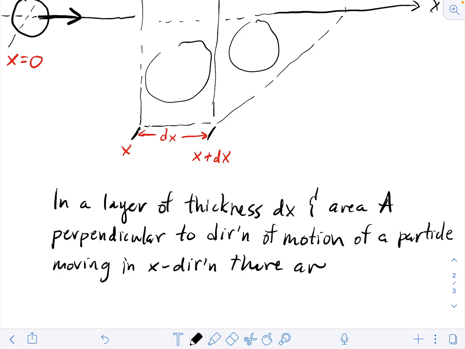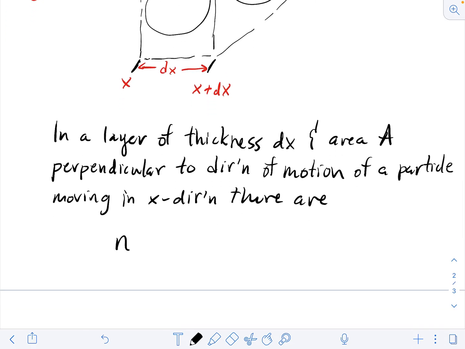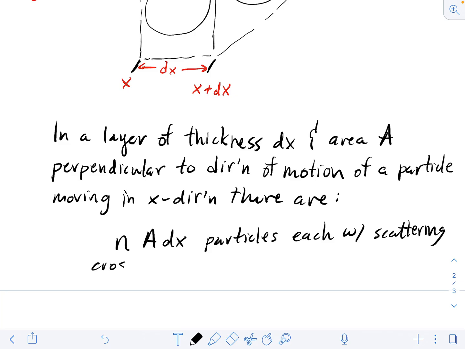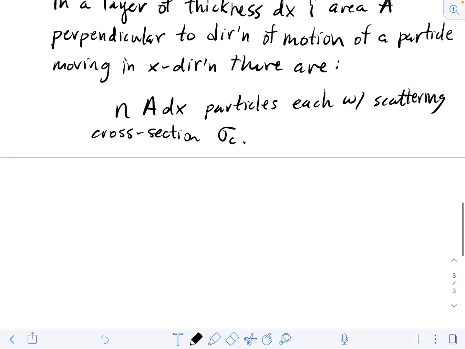So how many particles are there? If we have n particles per unit volume, and the volume of our slab is the area times the thickness, then there are this many particles, n A dx particles, each with scattering cross-section sigma c, which was this pi times 2r squared.